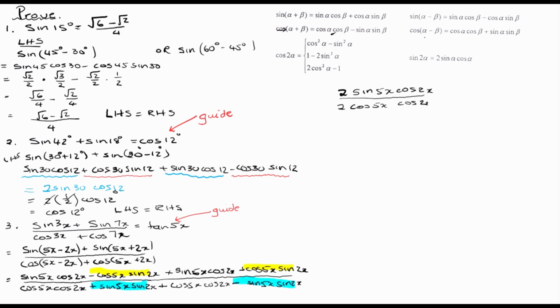The cos 2x's will cancel, the 2's will cancel, and we are left with sine 5 on cos 5, which is tan 5, and therefore the left hand side equals the right hand side.